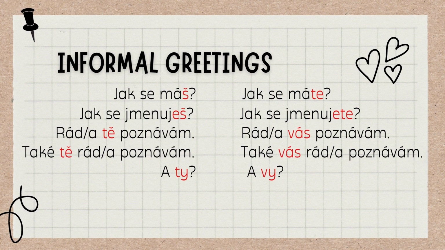And in rád or ráda tě poznávám and také tě rád or ráda poznávám, only vás changed to tě. Tě means you as an object, but singular, and that makes it informal. For the same reason, we changed in a ty, the vy, to ty, because ty is a second person singular.